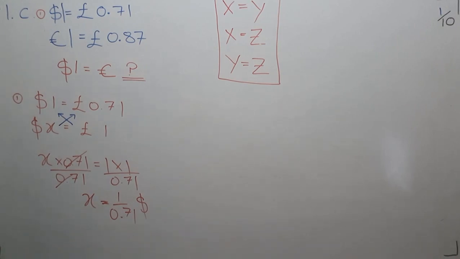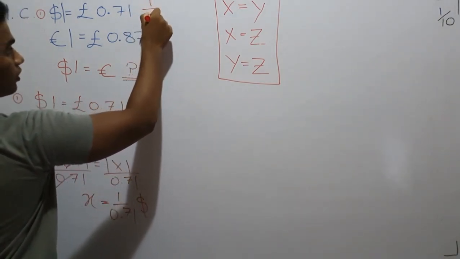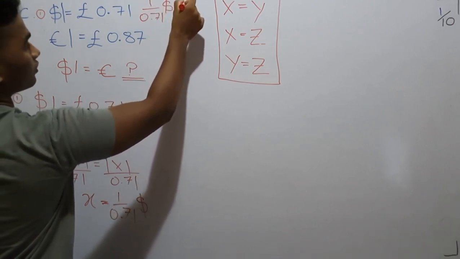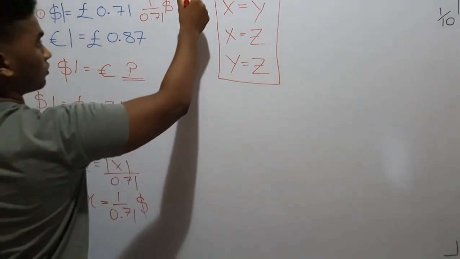So we formed a new relationship as 1 over 0.71 dollars equals 1 pound.